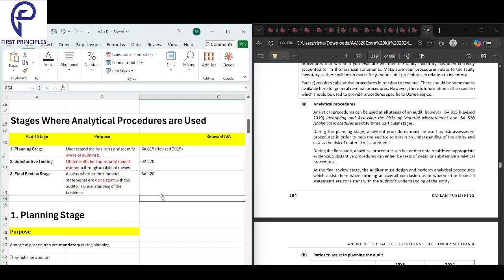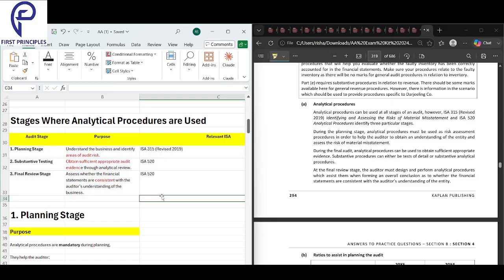So analytical procedures are used in the planning stage, substantive testing stage, and review stage. First of all, it is useful in all three stages. Second, in each stage, how is it used? In the planning stage, it is used to find the main areas of risk. In the substantive testing stage, it is used mainly to obtain sufficient appropriate audit evidence.